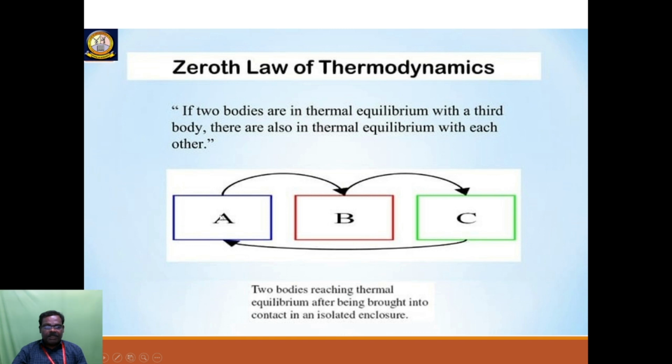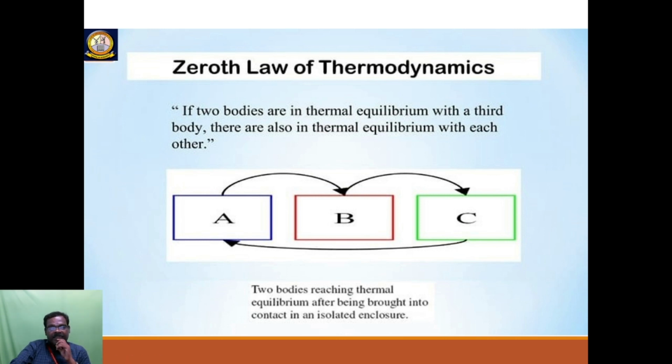If two systems A and B are each in thermal equilibrium with the third one, C, then all three systems are in thermal equilibrium with each other.